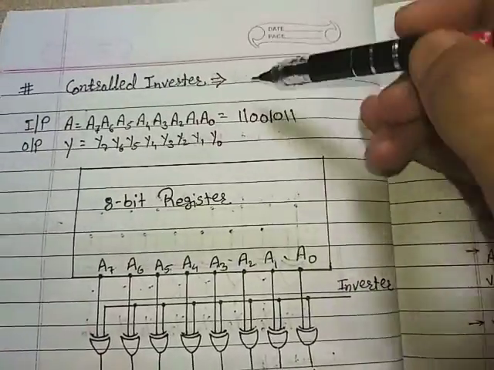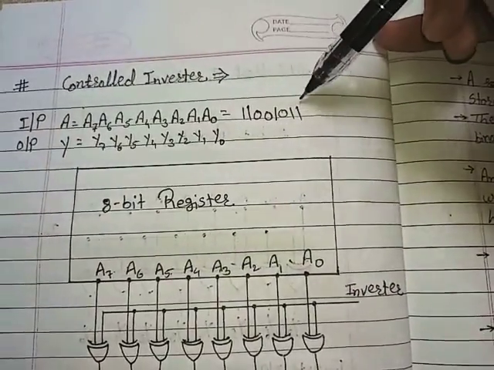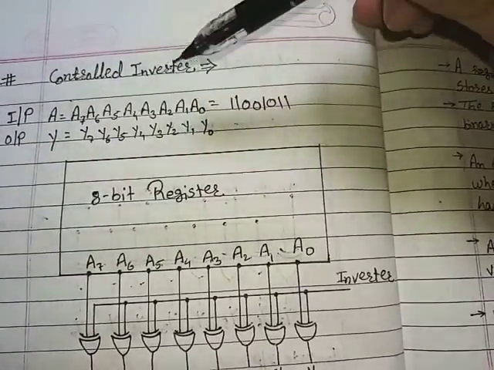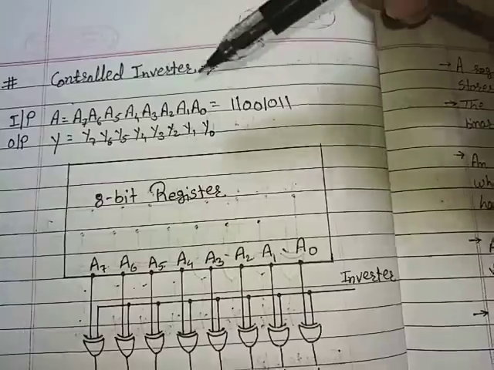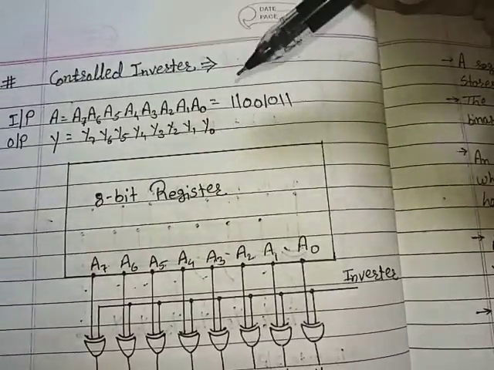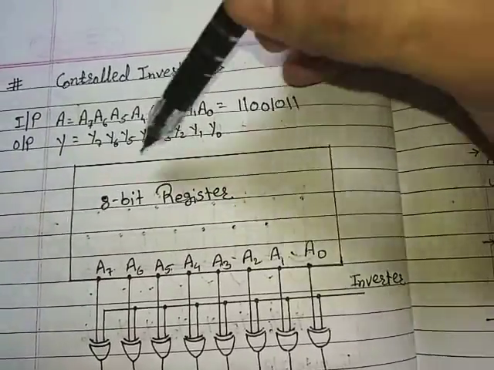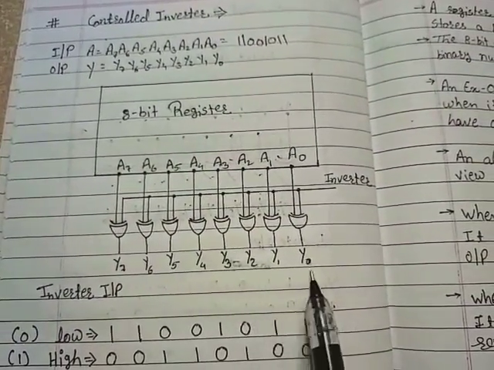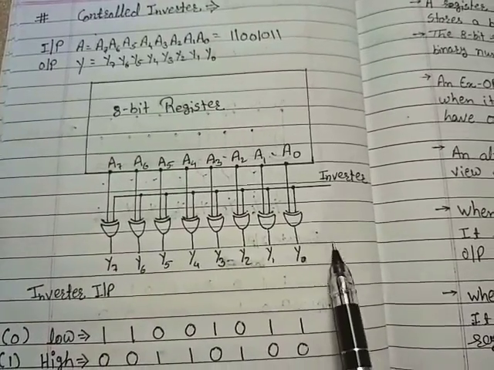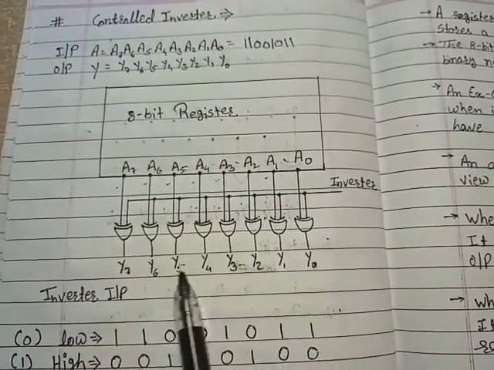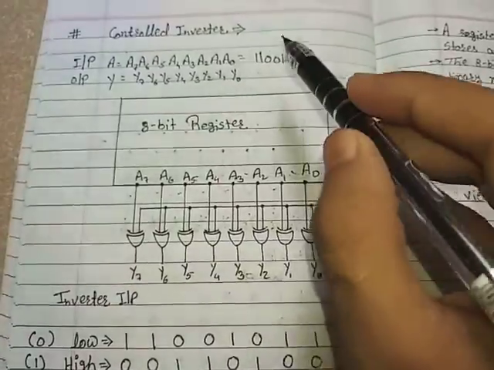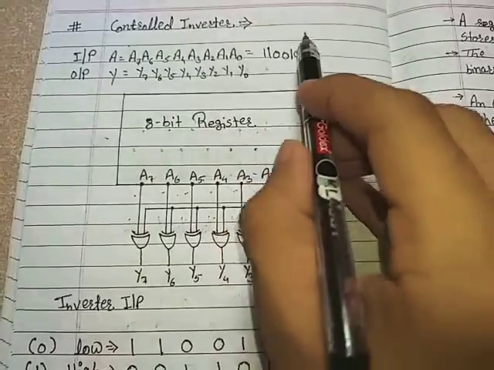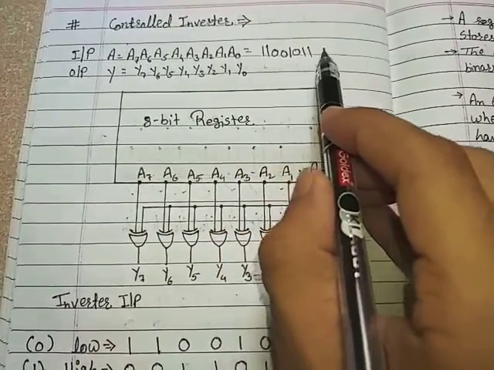That means A0 is equal to 1, A1 is equal to 1, A2 is equal to 0, A3 is equal to 1, A4 is equal to 0, A5 is equal to 0, A6 is equal to 1 and A7 is equal to 1. And my output Y is Y7, Y6, Y5, Y4, Y3, Y2, Y1 and Y0, that is nothing but the outputs of all the XOR gates. Clear?